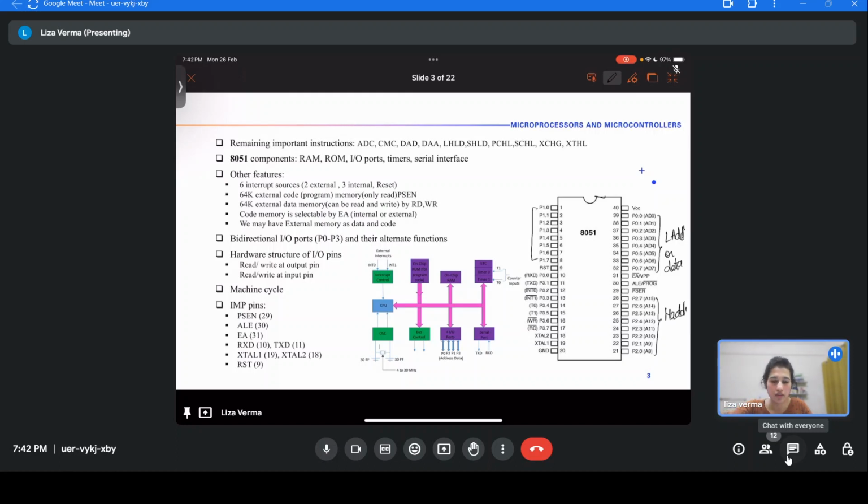DPTR and program counter. So we have only two 16-bit registers in 8051, and the stack pointer and PSW, as opposed to 8085, are not 16-bit here. They are 8-bit wide only.